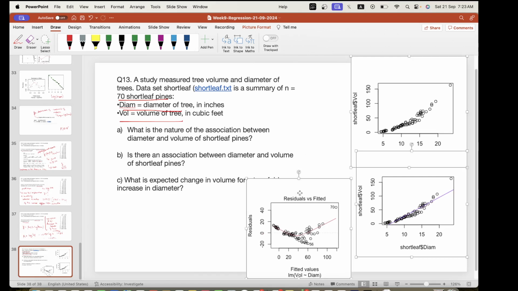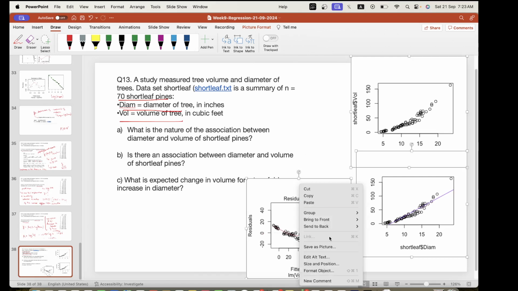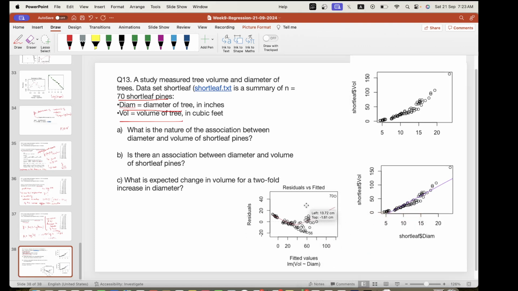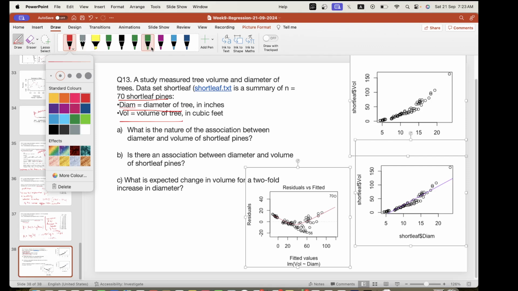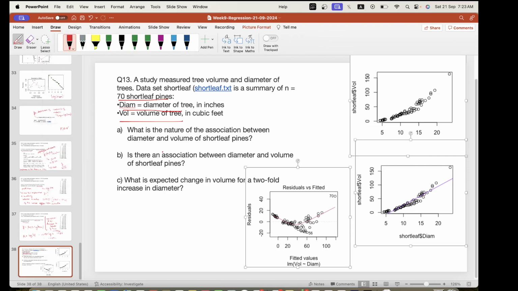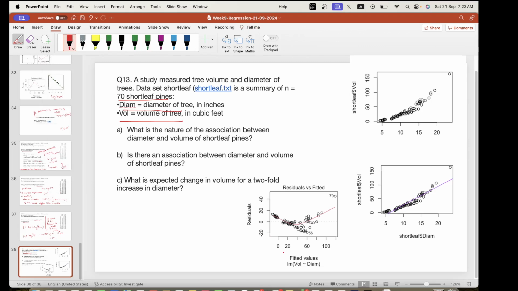so from here we see that as this fitted value increases, the residual variance seems to increase.